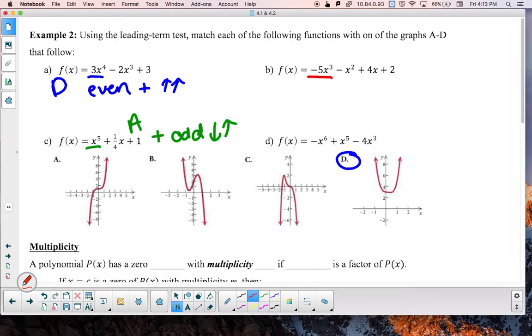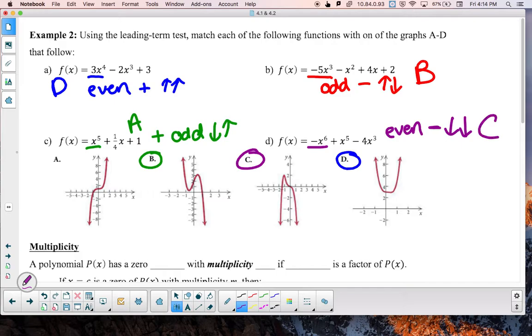So this is odd and negative, which means that our end behavior is going to be up then down, which is graph B. And then for function D, we have an even degree and it's negative. So this means that it's going to be down, down, which would be graph C.